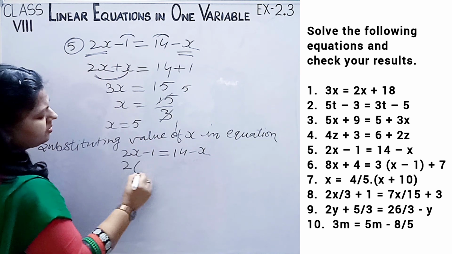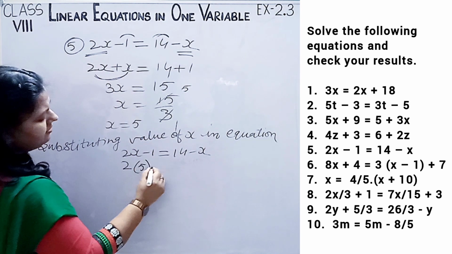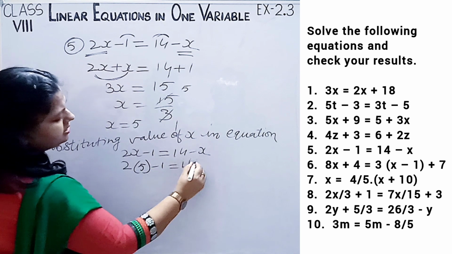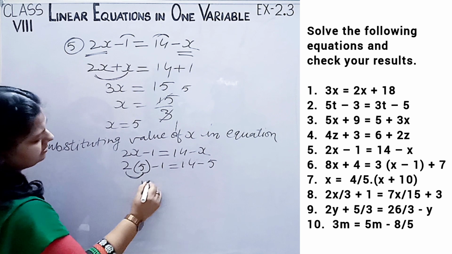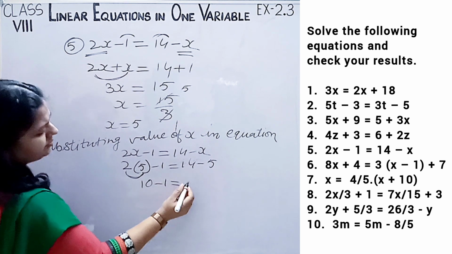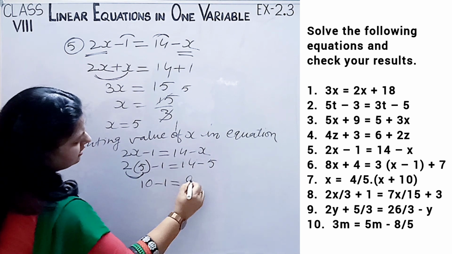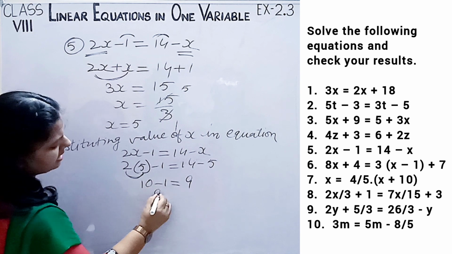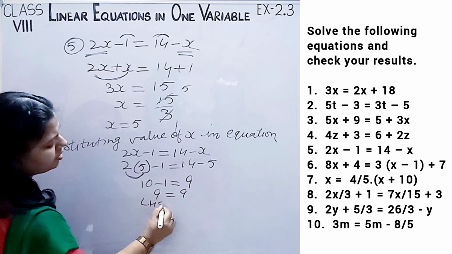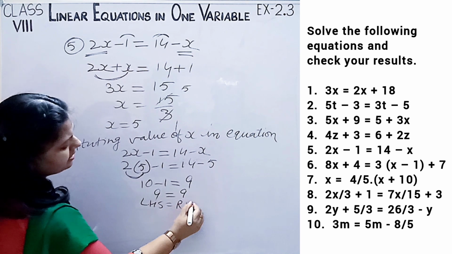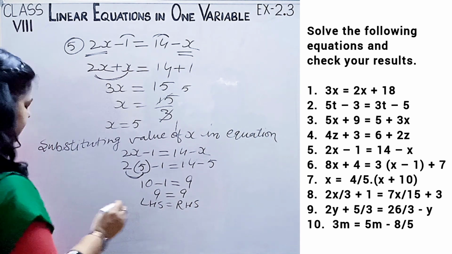So 2, putting value of x, 5 minus 1, 14 minus 5. 2 5s are 10 minus 1 equal to 14 minus 5, 9. So 10 minus 1, 9. 9 equal to 9. Here left hand side equal to right hand side. It means our result is correct.